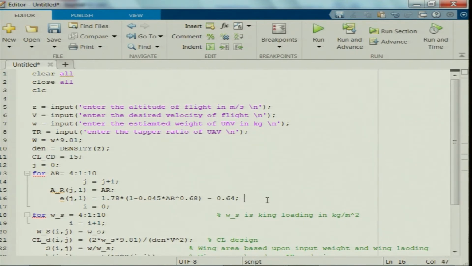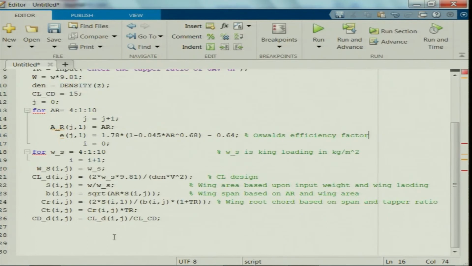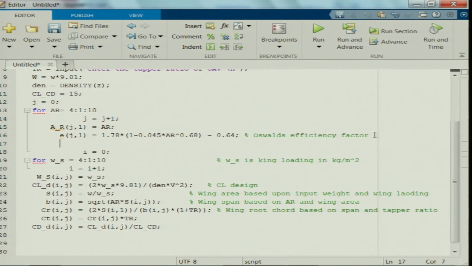Oswald's efficiency factor. Okay. So, once we know E, it is straightforward to calculate the induced drag correction factor, which varies with E and aspect ratio. Again, this can be outside this inner loop, right. It does not depend upon wing loading.